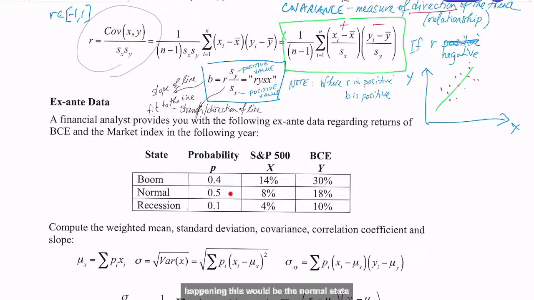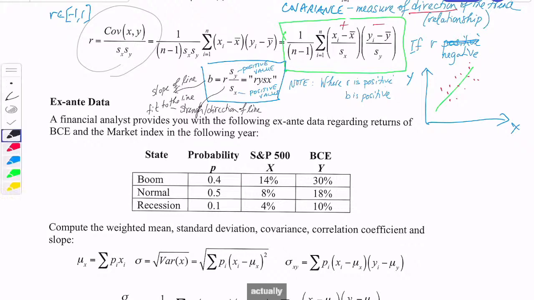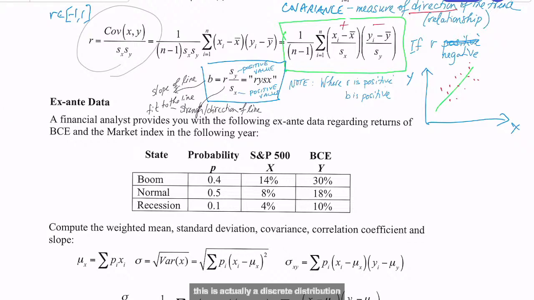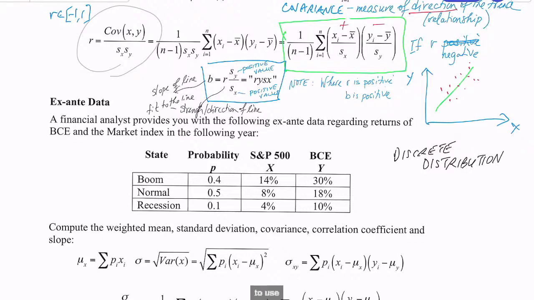This would be the normal state at 50% chance. So this is actually a discrete distribution, just to be clear. I think I mentioned it last class, discrete distribution, because there's only 3 possibilities. That avoids calculus that you would have to use if it was a continuous distribution.